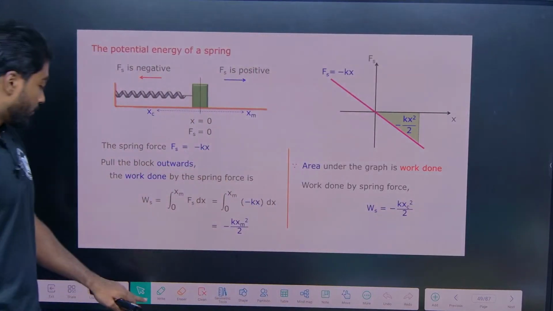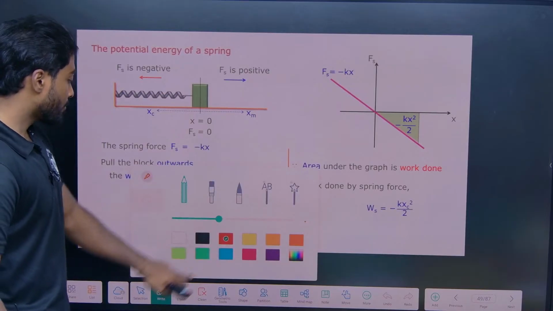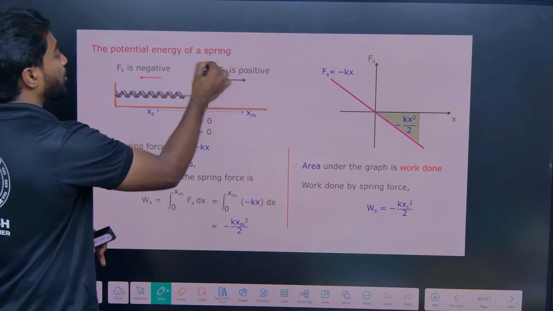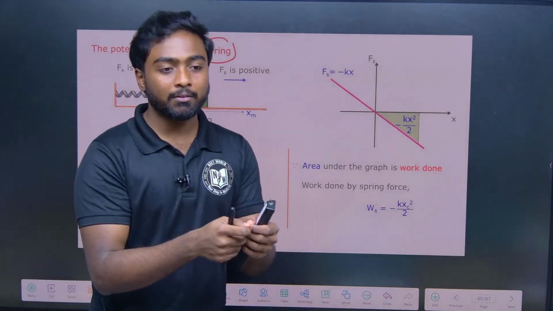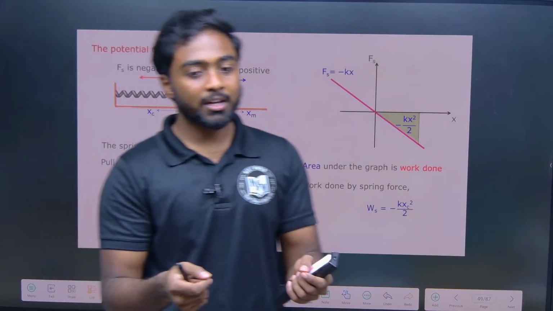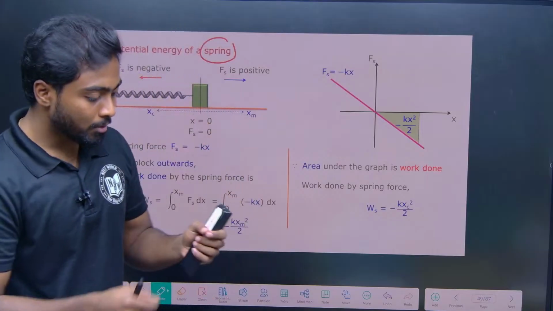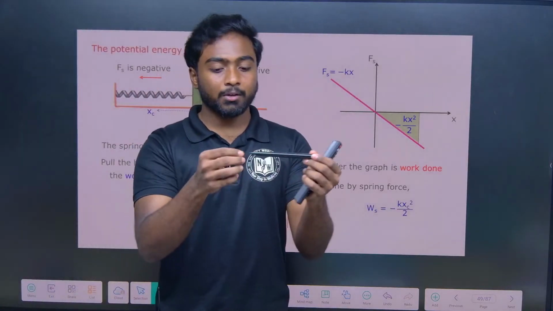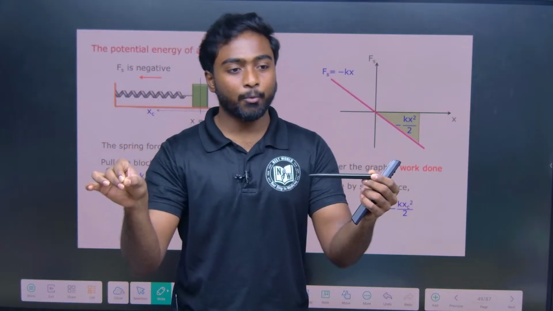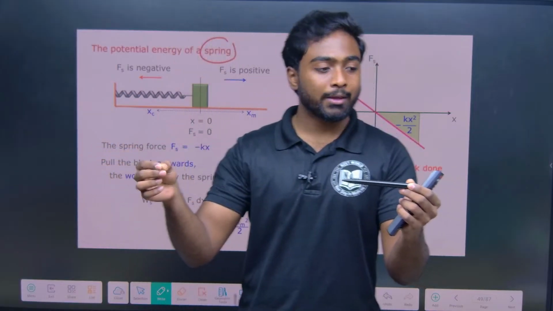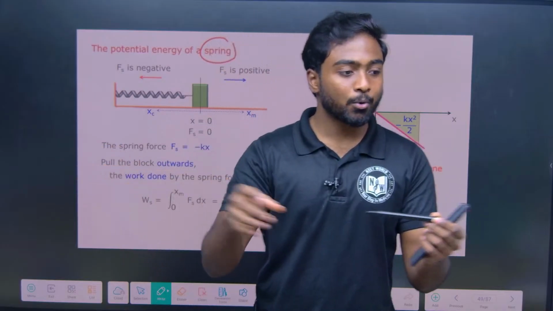When we are talking about a spring, if we extend it or compress it, what happens? It comes back to its original position. If I extend the spring and hold it at some point, it has stored energy, some potential energy.